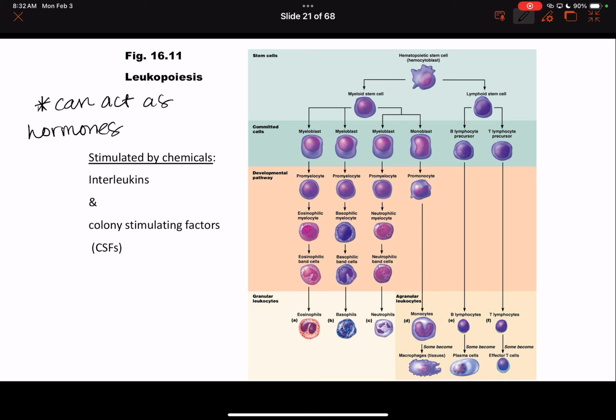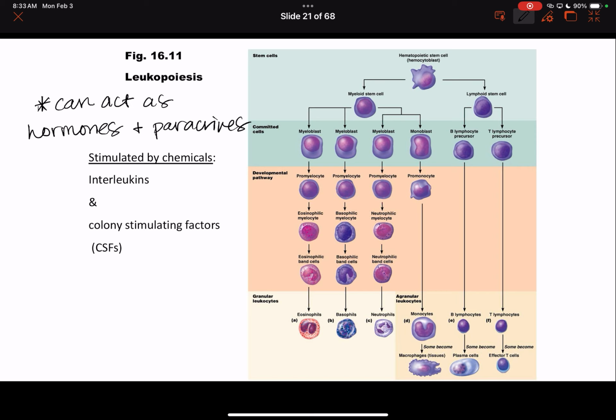Paracrine. So these chemicals can act as hormones and paracrines. So they can travel through the blood and target the red bone marrow specifically to increase white blood cell production.